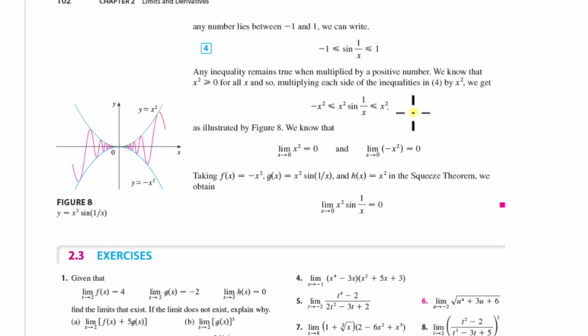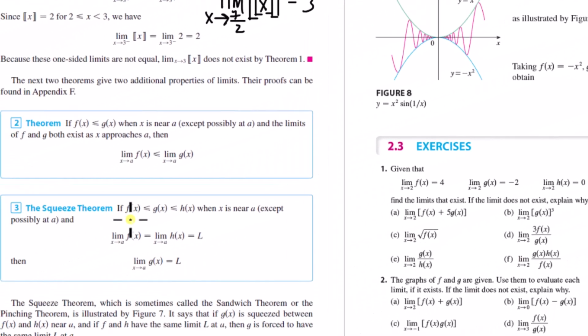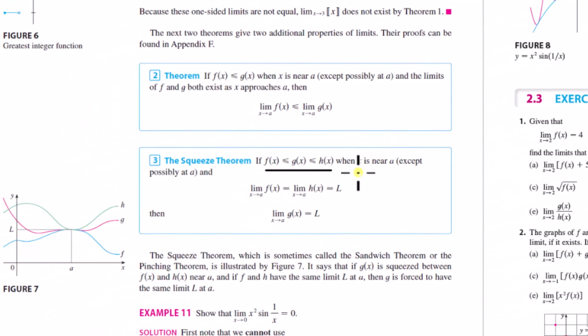I just want to point out that to apply the squeeze theorem in general, you don't have to find a relationship like this that's true for all x. It's nice that that was the case here, but remember, this just needs to be true when x is around a.